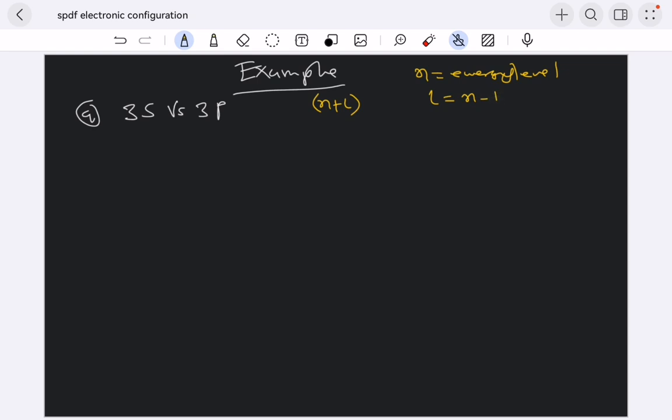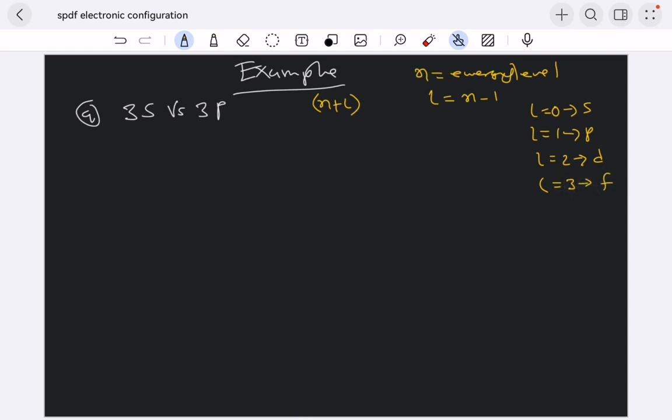So in this case, when L is 0, it means it's S. When L is 1, it means it's P. When L is 2, it means it's D. When L is 3, it means it's F.